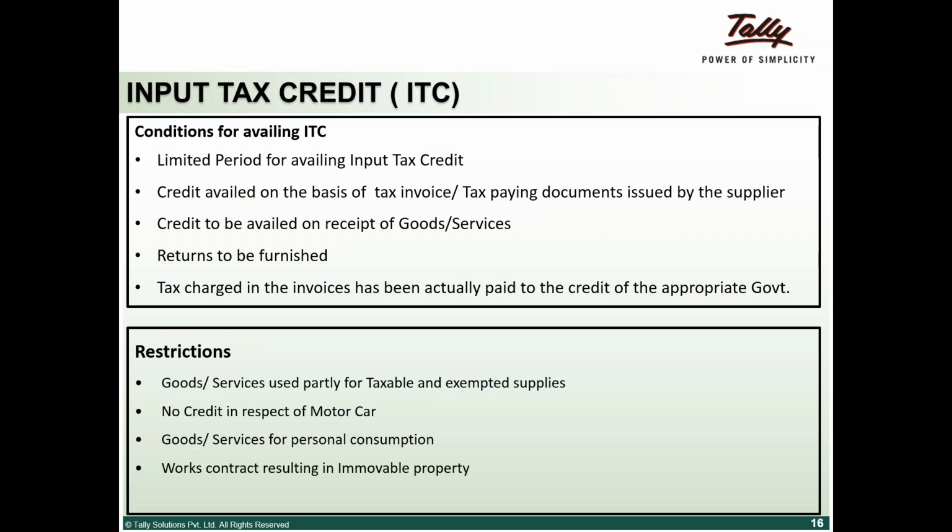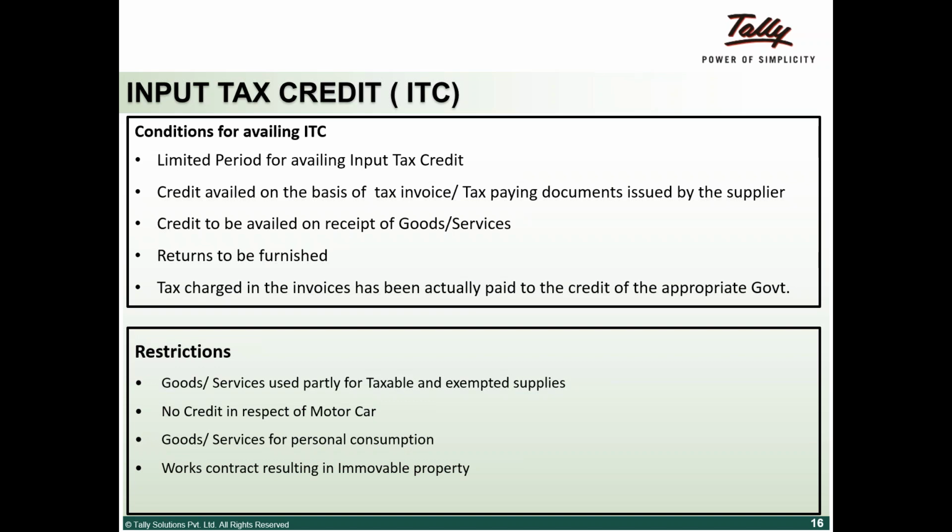So there are a few restrictions. For goods and services used partially for taxable and exempted goods, you have to take a proportionate credit. If A is taxable at 10% and another product B I'm dealing with is, let's say, 0% exempted goods, then I will be able to take a partial credit only. No credit in respect of motor cars.